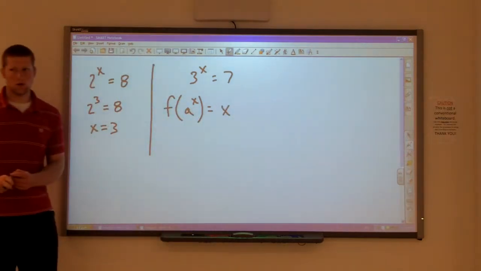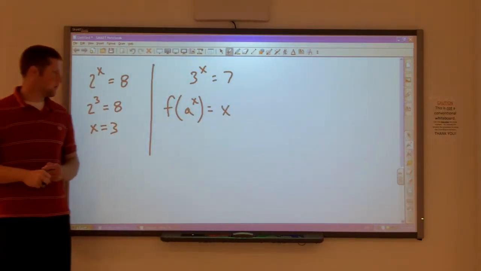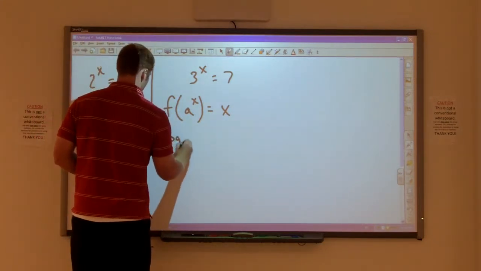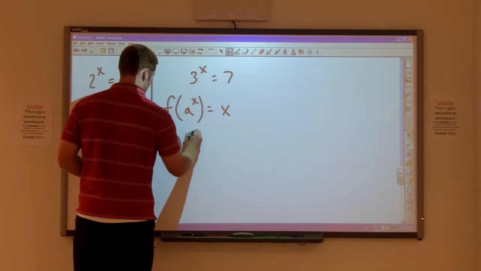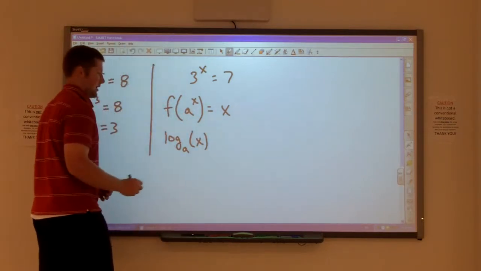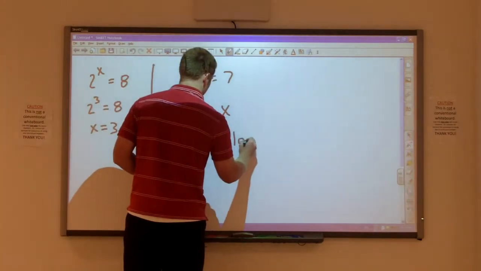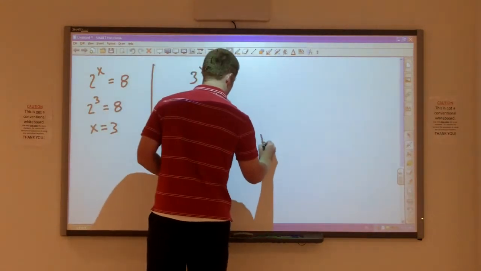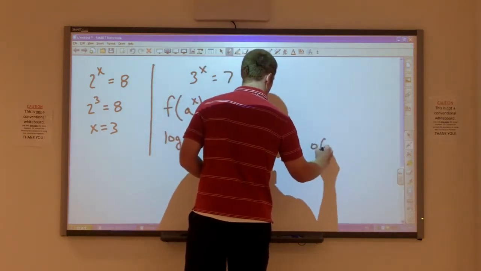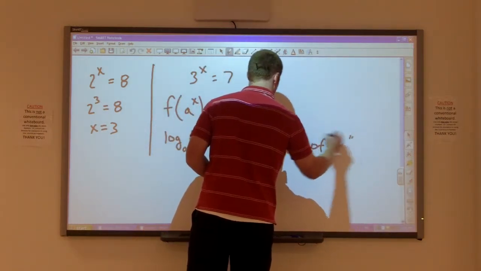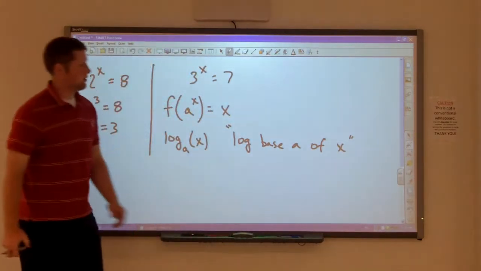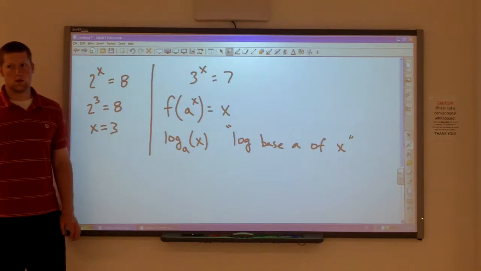Like I said, we call these logarithms, and we abbreviate it with log base a of x. Again, that's read as log base a of x, and that turns out to be our inverse function.